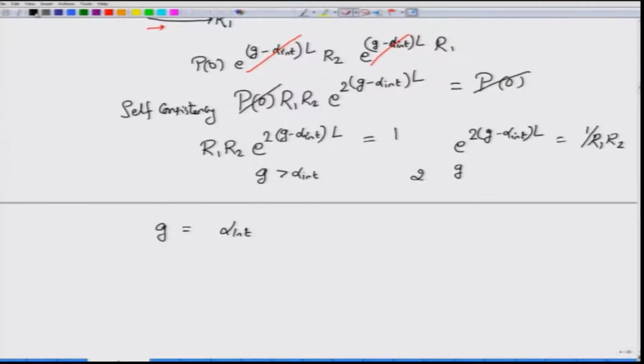So, you get 2 times g minus alpha int into L is equal to log of 1 by R1 R2, and then you can rearrange g now. So, g can be written as internal loss plus 1 by 2L times log of 1 by R1 R2. So, you can see that the gain is getting balanced by the loss.